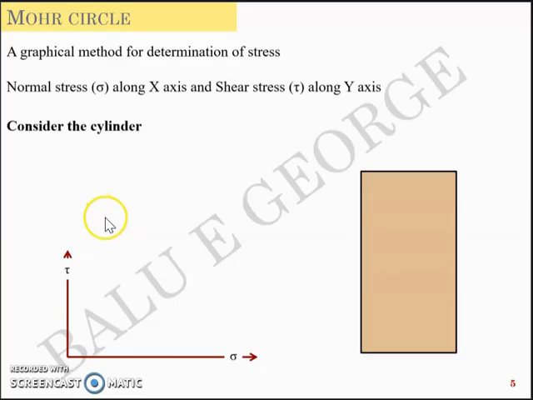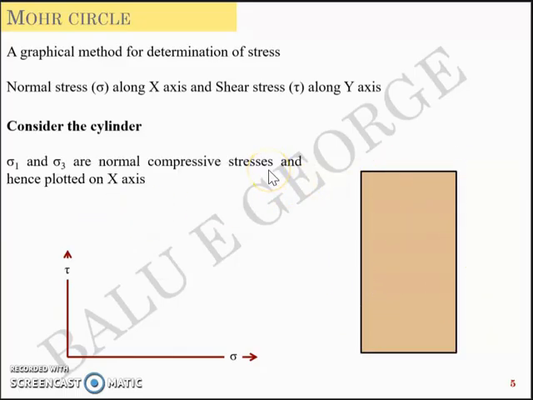We can consider a cylinder like this, and sigma 1 and sigma 3 are the normal compressive stresses, and hence they are plotted on the x-axis. So you have sigma 1 here and sigma 3 here, the major principal stress sigma 1 and the minor principal stress sigma 3.